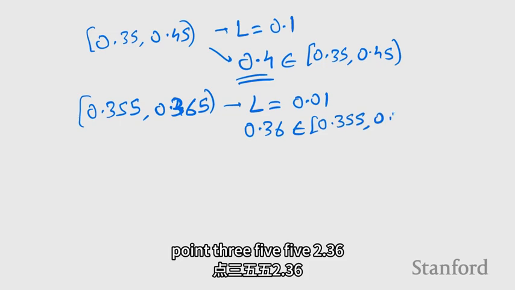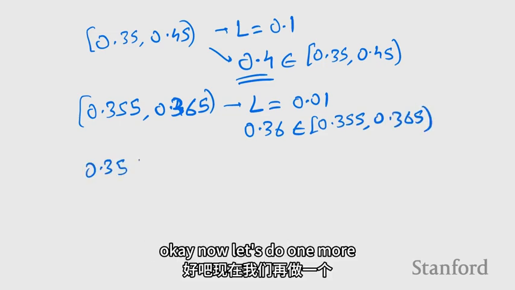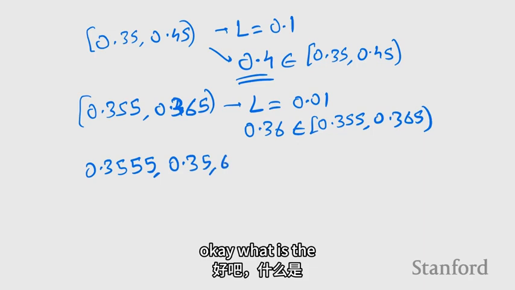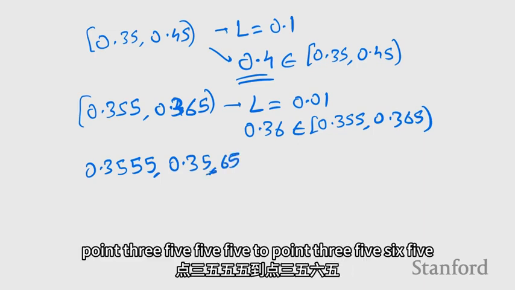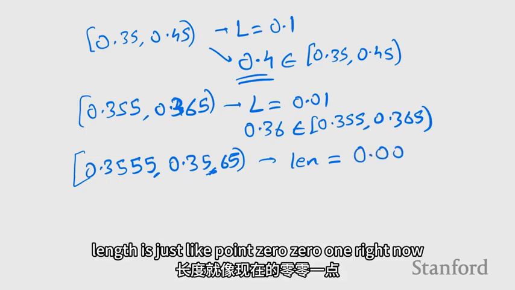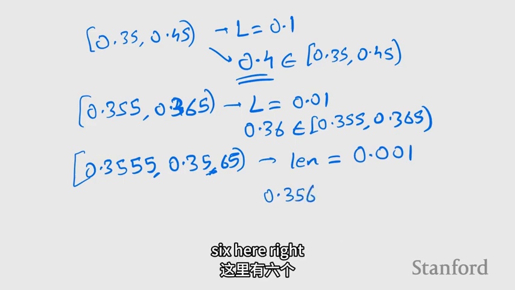Sometimes it's just easier to look at examples. Now let's do one more: 0.3555 to 0.3565. What is the length here? Length is 0.001, and you can find a number like 0.356 here, right?